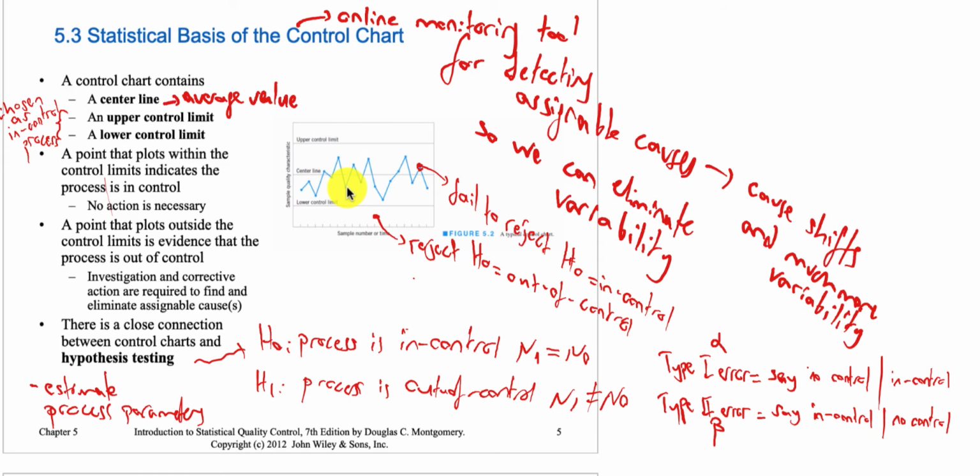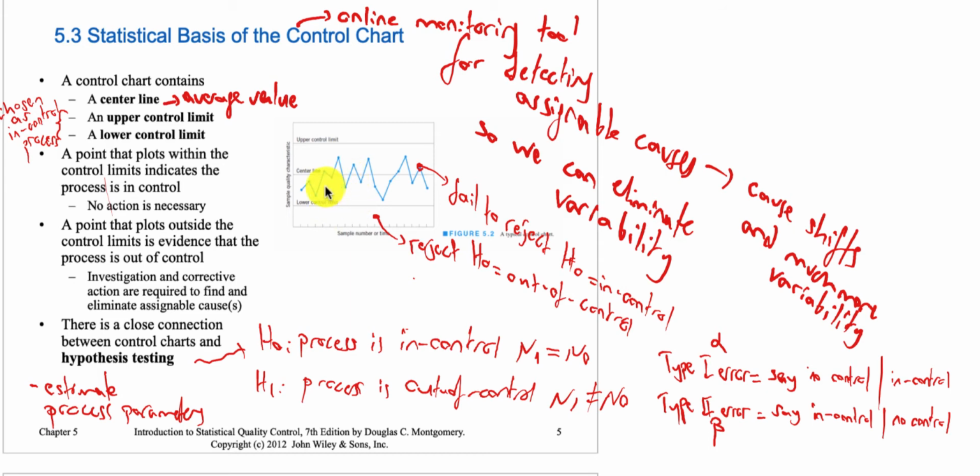There are some inputs to the process, then the process does its job, and then we have some output. Let's say the outputs are products, and we are looking at specific quality characteristics in these products and measuring them.